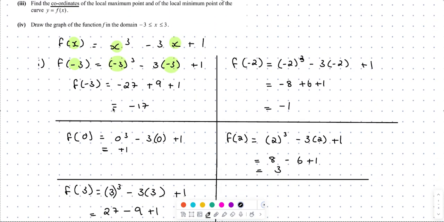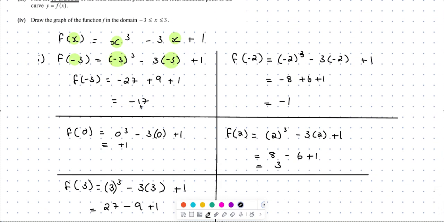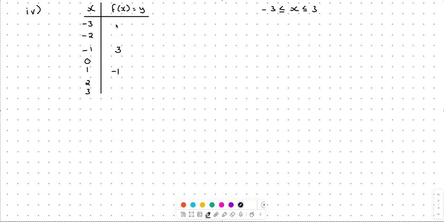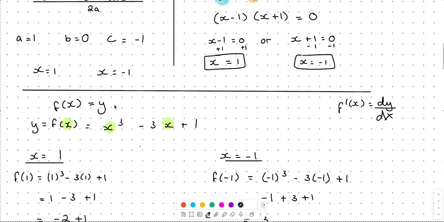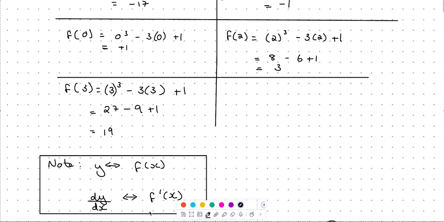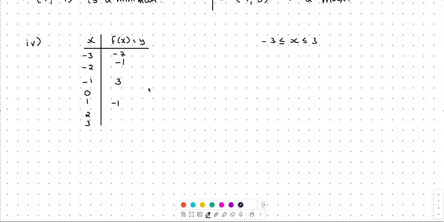We've got minus 3 is minus 17, then minus 2 is minus 1. And then we want 0, 2 and 3. So let's go back up. When it was 0, it was plus 1. 2 was 3. So we go 1, 3, 19. So we're going to sketch that out down here: 1, 3 and 19.